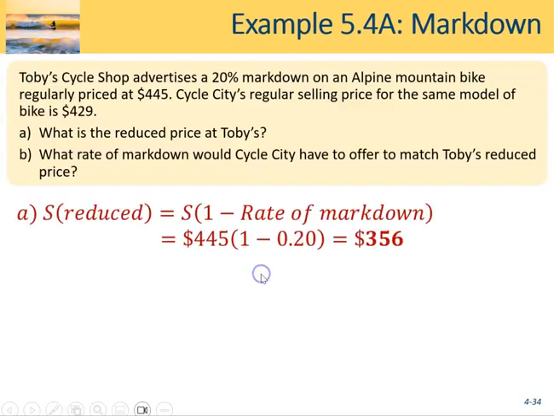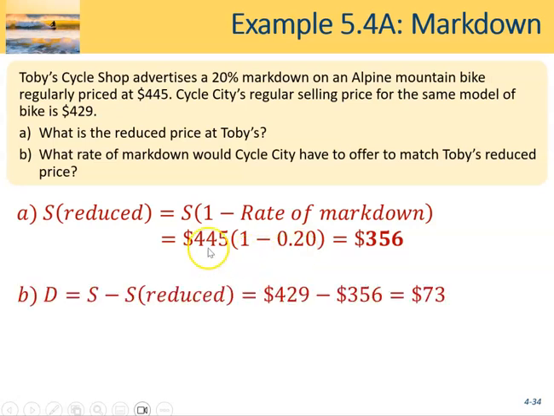So we've got the original selling price, $445, multiplied by 1 minus the rate of markdown, so 1 minus 0.2, which gives you 0.8. Multiply 0.8 by the 445, and it gives you the reduced selling price at Toby's of $3.56.